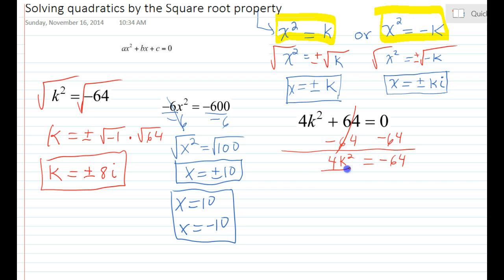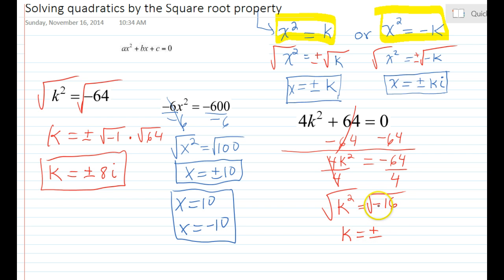So what I need to do is divide by 4. Just cancel. And it leaves me with k squared. And now here I got 64, so that's going to give me negative 16. Take square root from both sides. Okay. Plus or minus.